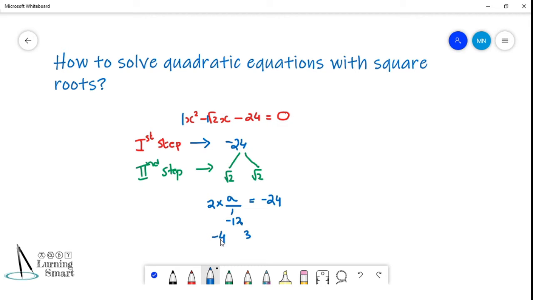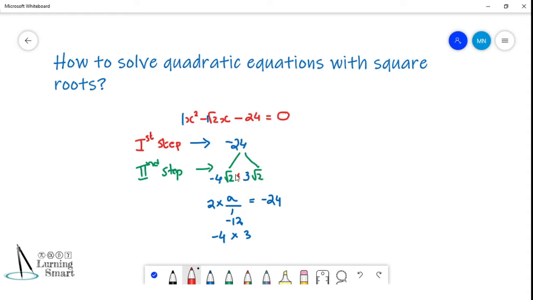Minus 4 multiplied by 3, what do you get? Minus 12. Okay. When you add them, minus 4 plus 3, you get minus 1. So you got two other values, minus 4 and 3. Let's check it.